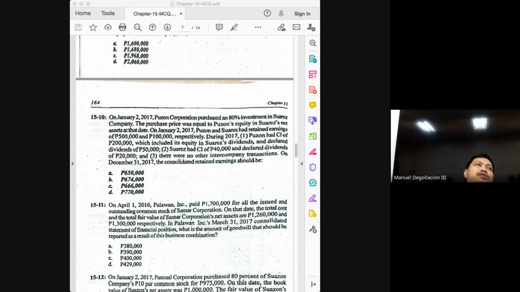So 500 plus 200 minus 50 will give you how much? 650,000. And again, what is the question wherein the answer is 650,000? How much is the ending retained earnings of the parent in its separate financial statements?